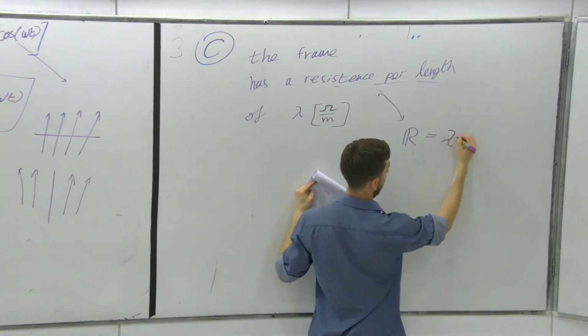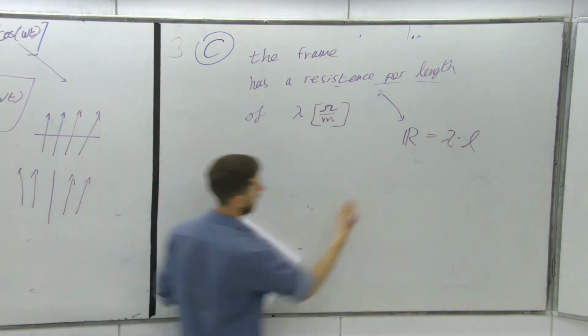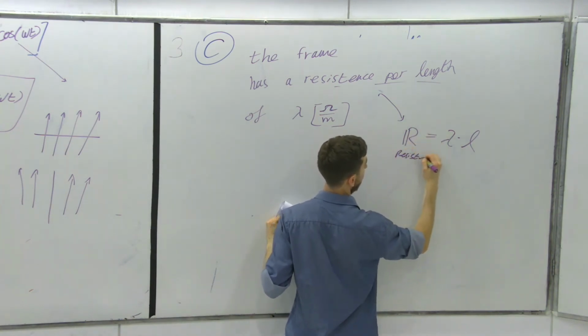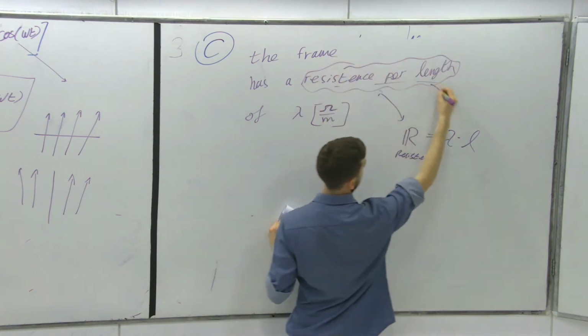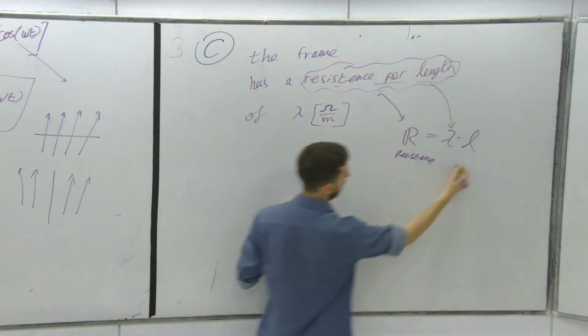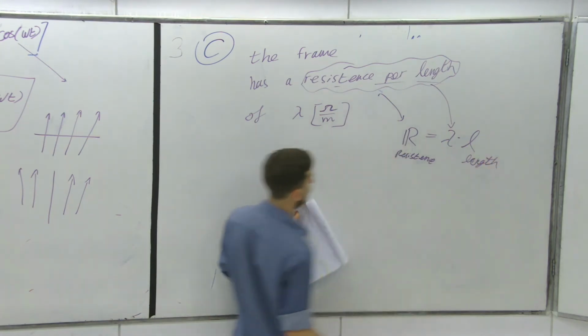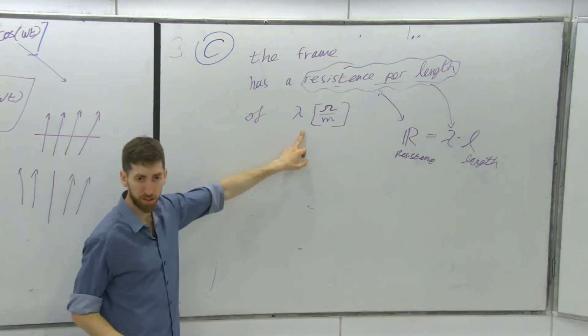So this term is lambda and this is the length. Good. The frame has a resistance per length of this.